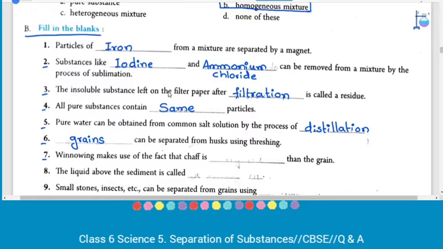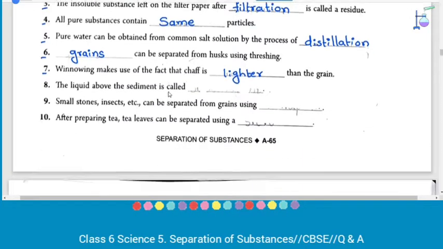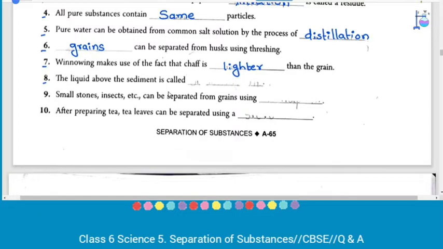Winnowing makes use of the fact that chaff is lighter than the grain. Eighth question, the liquid above the sediment is called dash. The liquid above the sediment is called supernatant liquid.